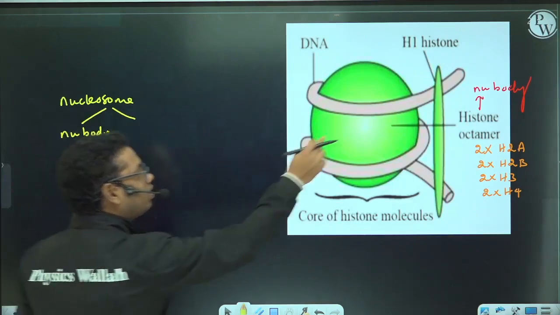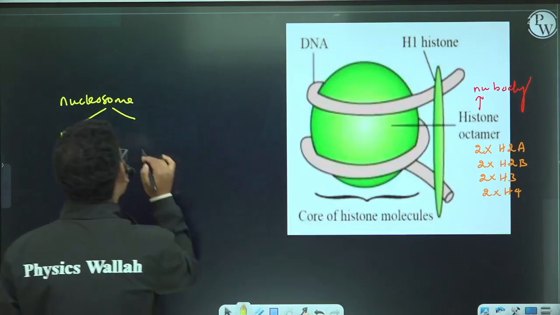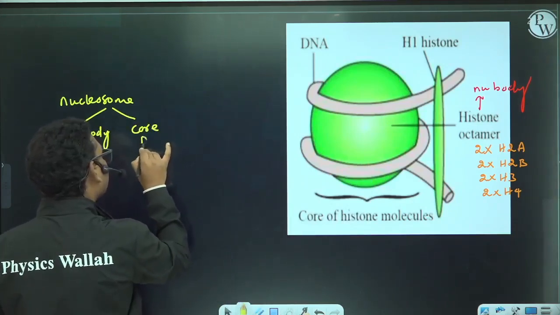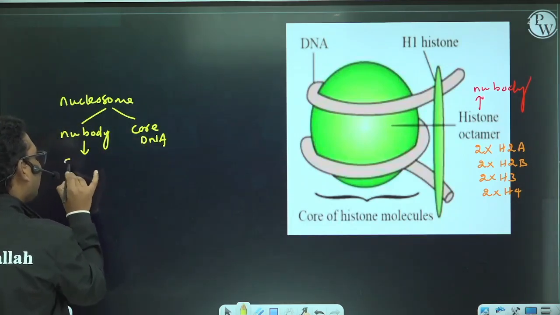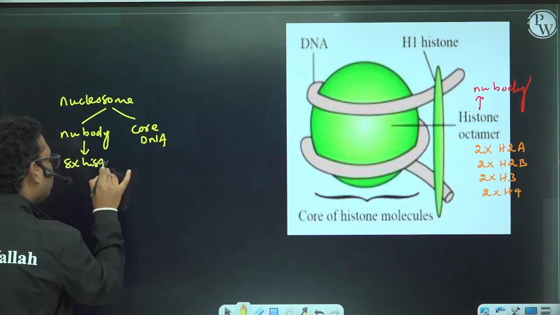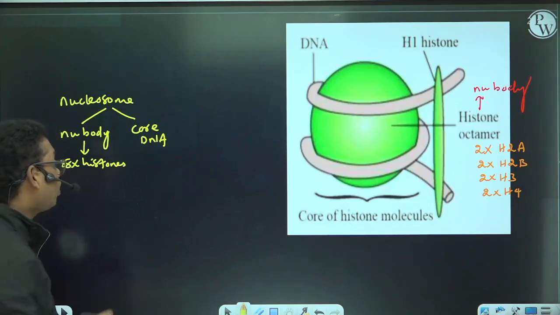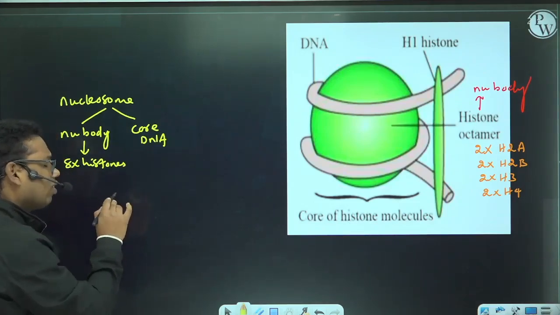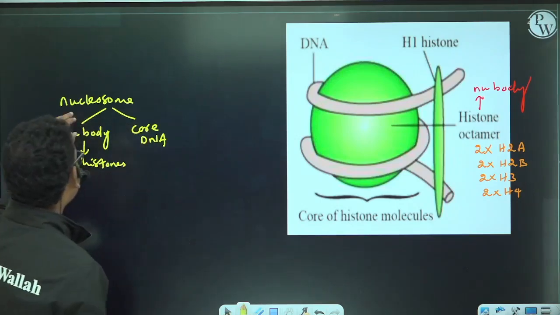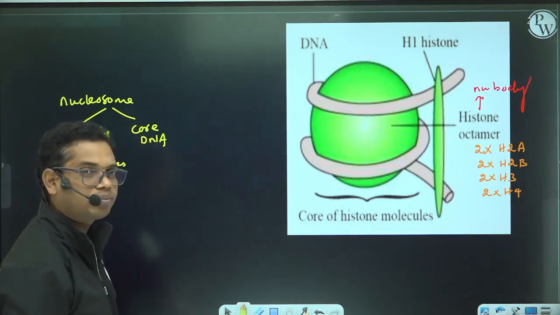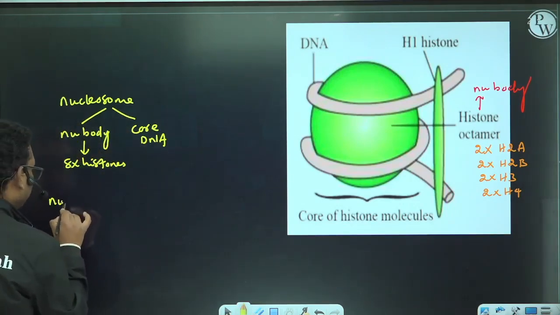The DNA which is wrapped around the core octamer is called core DNA. And the octamer consists of 8 histone proteins, which are core histone molecules. These 8 histones do not include H1, and that is why this nucleosome does not have H1. Okay, so I will write here, nucleosome.